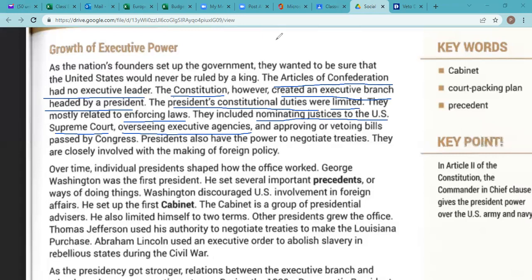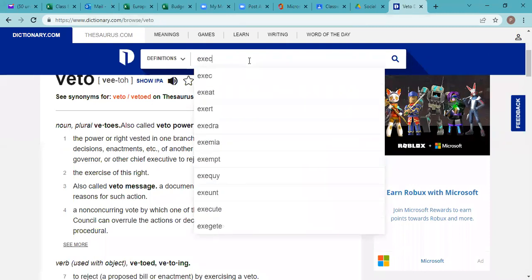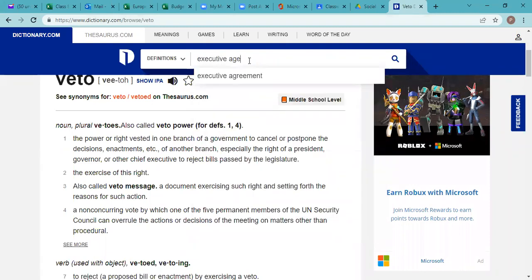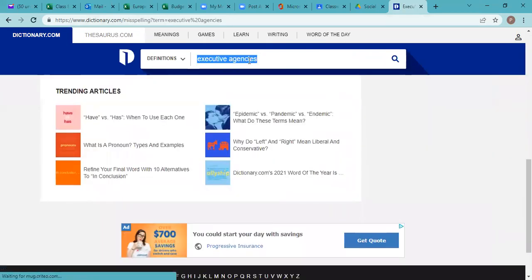And in fact, I'm going to go ahead and erase this right here. And if we want to know what the executive agencies are, let's see if the actual dictionary.com has anything about that. Doesn't look like they do.